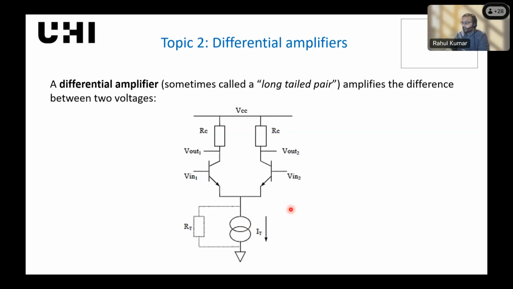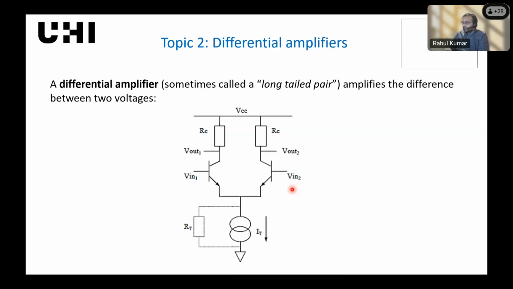You might remember that op-amps are differential amplifiers, and basically this is the building block of an op-amp. Now, the idea is that we have two identical transistors, each with different input voltages, Vin1 and Vin2.